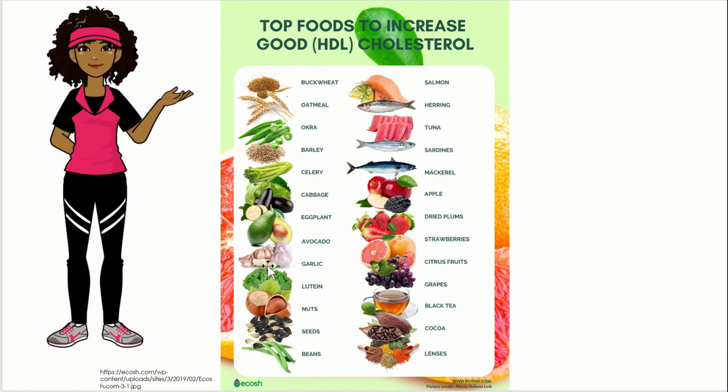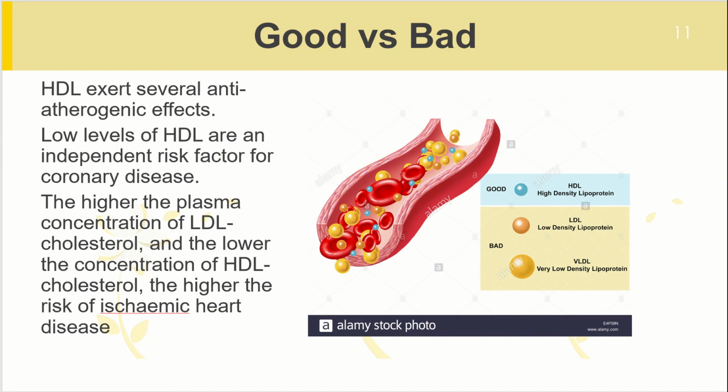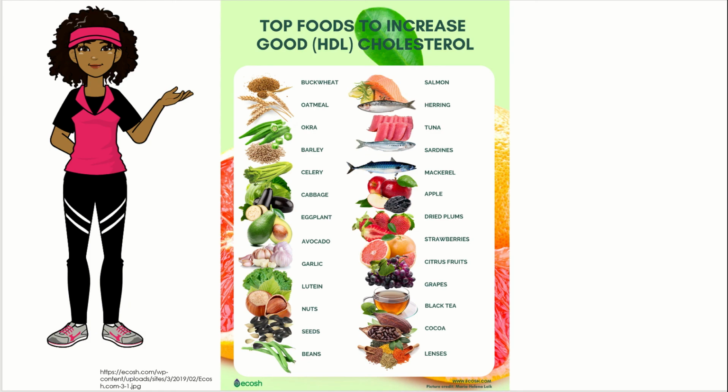So essentially, there is a way. I know this course is about medicinal drugs. However, if you can change your diet to have a better HDL cholesterol balance, then why not?